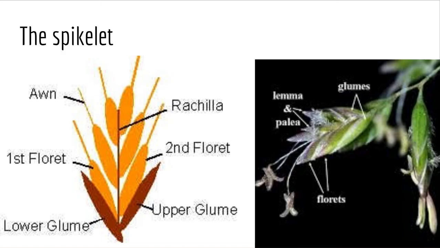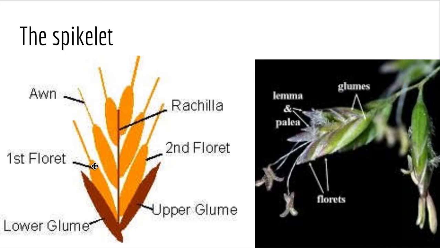Now these are both parts of the florets. The first floret and the second floret are both external, so they're just on the external side of the spikelet, compared to these internal ones, which are on the internal side of the spikelet.